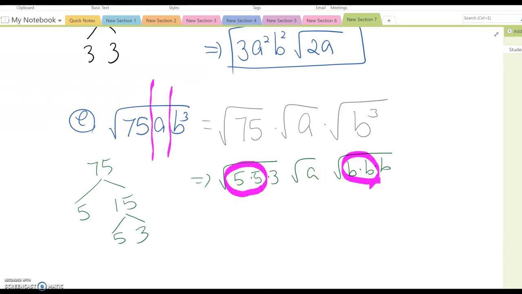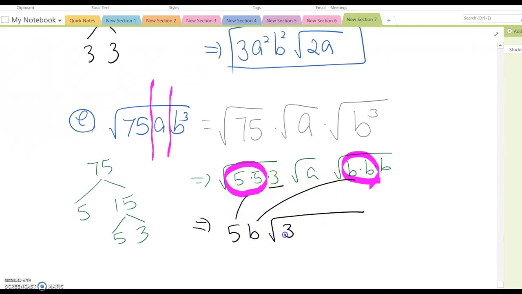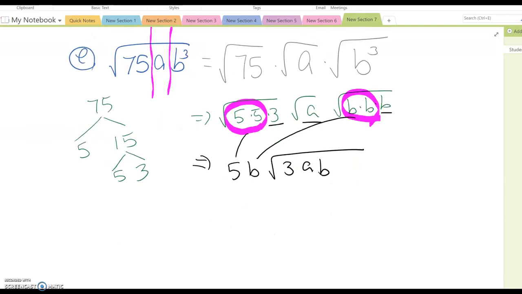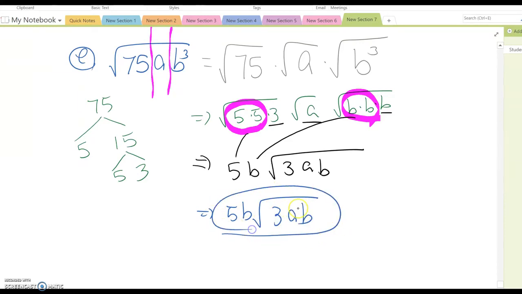Other things must stay in the square root box. So it becomes 5b and the square root of the remaining factor, 3a and b. Therefore, the answer becomes 5b square root of 3ab. That's the answer.